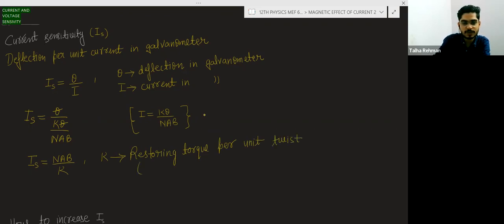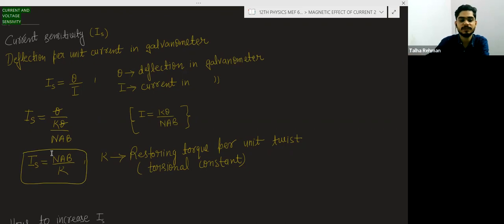And this is also known as torsional constant. So current sensitivity is simply deflection in the galvanometer divided by the current in the galvanometer, and you will get this formula. Simple. Current sensitivity.